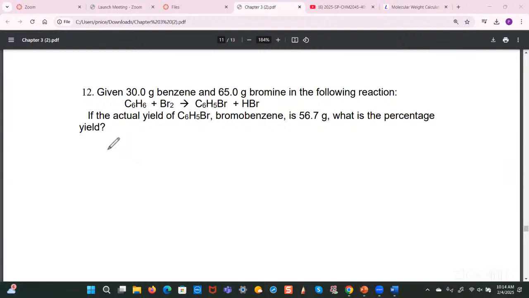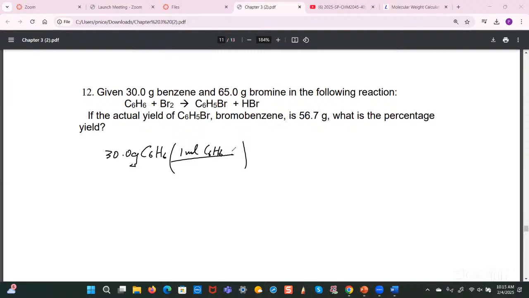Starting with 30.0 grams of C6H6. So what would you do with that? What will you put up here as the numerator and what goes down here as the denominator? 1 mole of C6H6. And down here would be the molar mass.